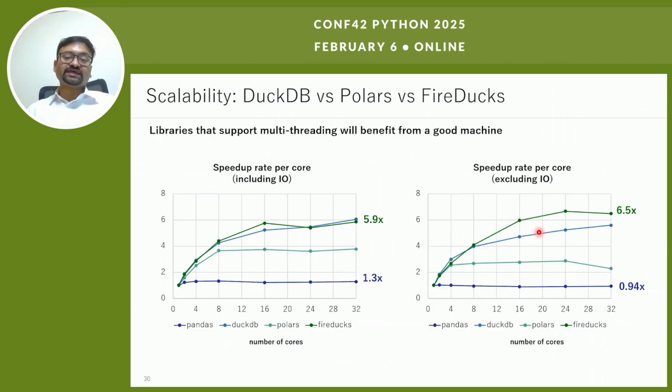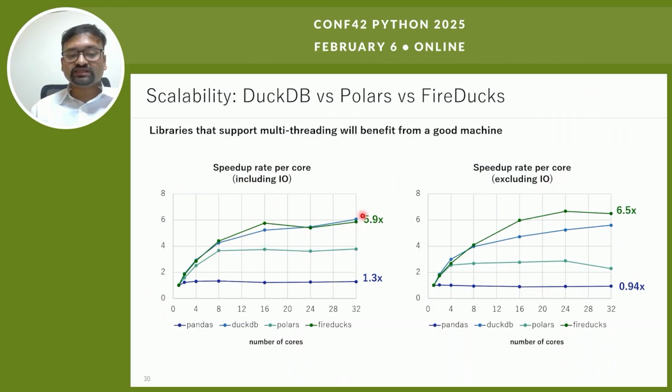If we compare the scalability of the libraries in terms of the TPCH framework, we can see that Polars, DuckDB and FireDucks are the libraries that offer multi-threading, whereas pandas does not. Even though we increase the number of cores, there is no visible change in performance in pandas, whether we include the IO or exclude the IO.